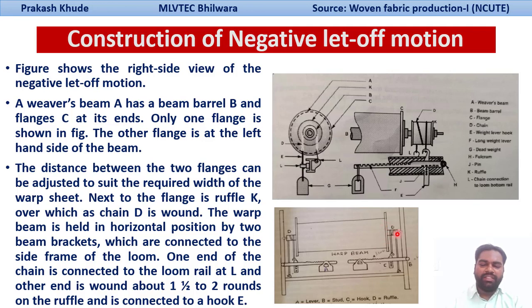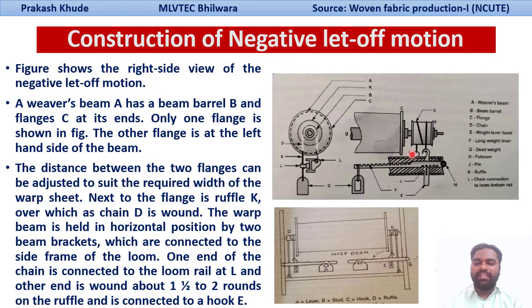Next to the flange there is a ruffle. Here in this figure we can see the beam, this is the beam flange C, and at the other side we have the ruffle, which is K in this figure. This ruffle has a chain wound on it, and one end of the chain is connected with the loom frame.